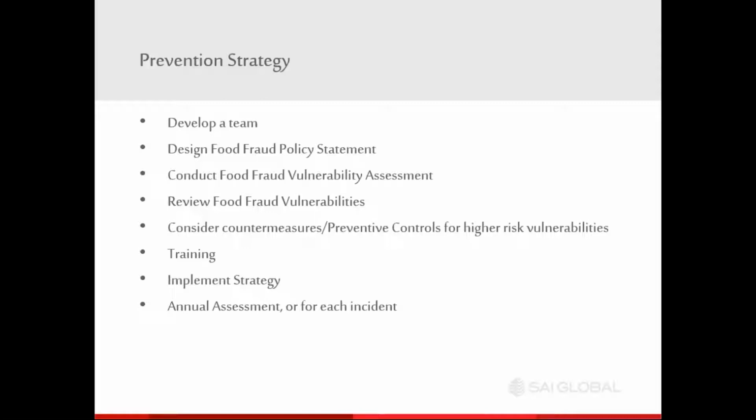And with those higher risk items, that's where you give them countermeasures or preventive controls to help bring those back in. And after you have those top things considered and out of the way, you do training for your personnel. That could be for your personnel within your building, or your clients, your suppliers, to make sure they're doing what they should be doing.